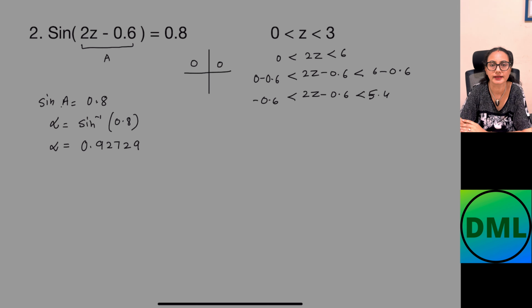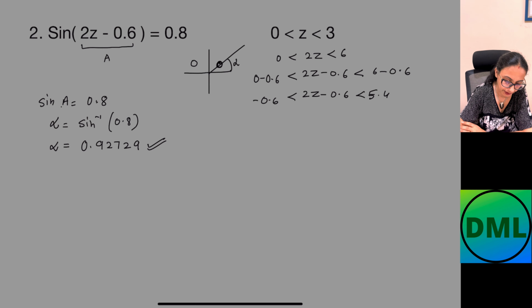As I told you earlier, alpha lies in the first quadrant. In the first quadrant, this is my alpha. Is this your answer? Yes, this is my answer because I have to give my answer in the first quadrant. So this will be one of my answers. I have to write the answer in the second quadrant. This value is pi because we are doing it in radian mode. To get the answer in the second quadrant, my second value will be given by pi minus alpha.